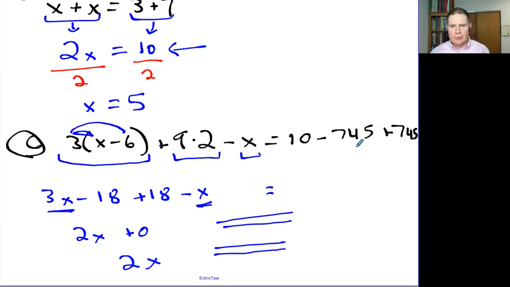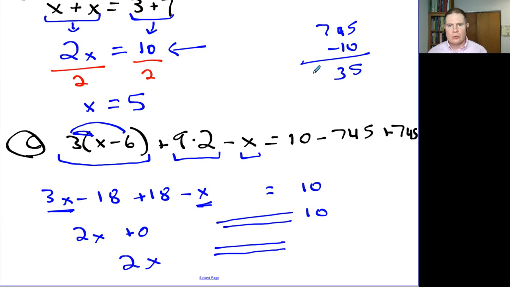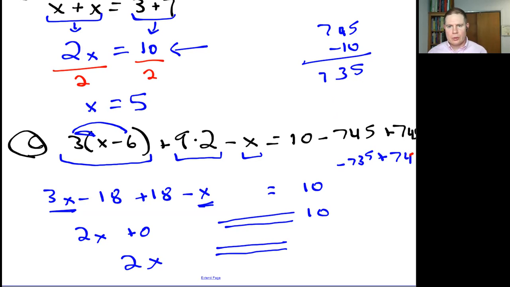That's another additive inverse pair here. I just have 10, right? I hope none of you got into 745 minus 10. Okay, so that's negative 735, negative 735, plus 745.